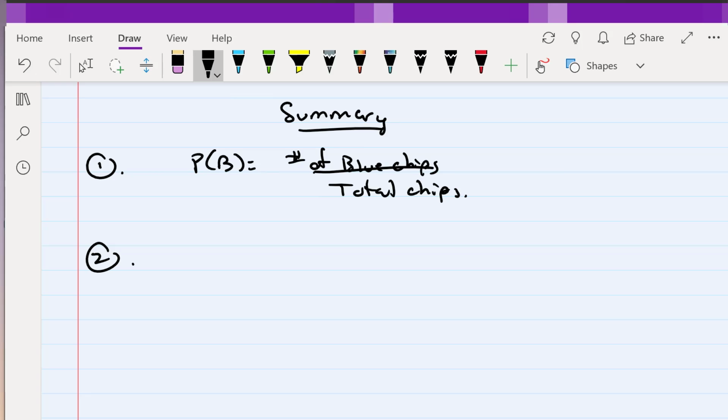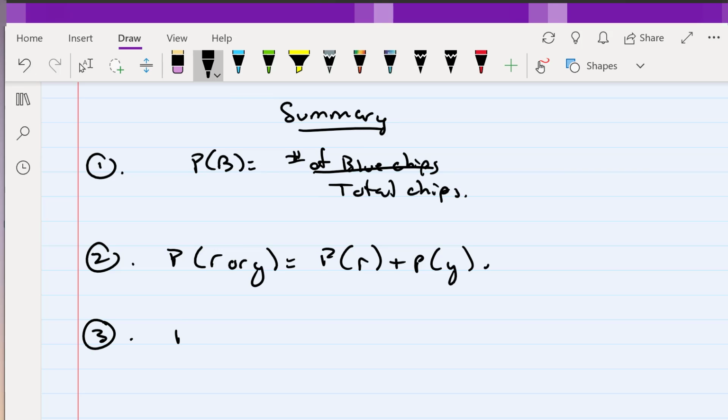The second thing we learned was that the probability of choosing a red or a yellow is an addition problem: the probability of red plus the probability of yellow. And the third thing we learned was that the probability of not choosing a color, such as green, is 1 minus the probability of actually choosing that color.